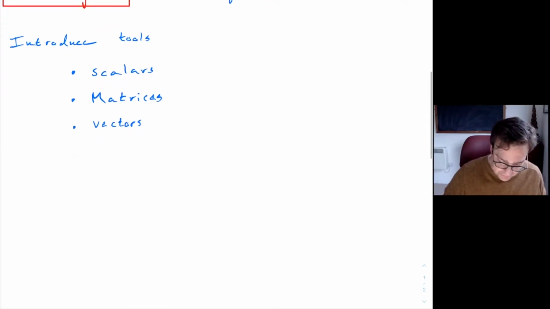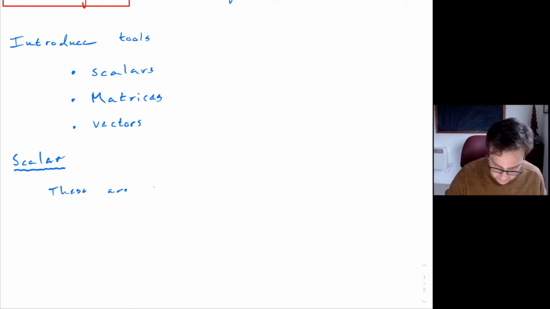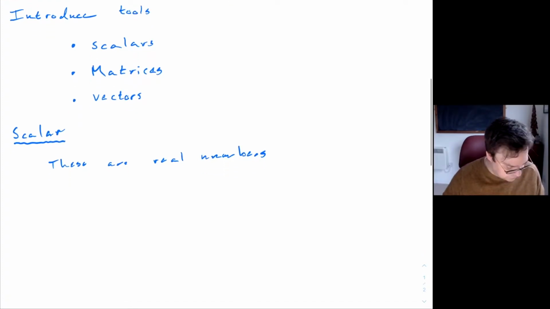Okay, so the first thing we're going to start out with is scalars. A scalar number is a real number. So these are real numbers, and these are numbers you should be super familiar with.